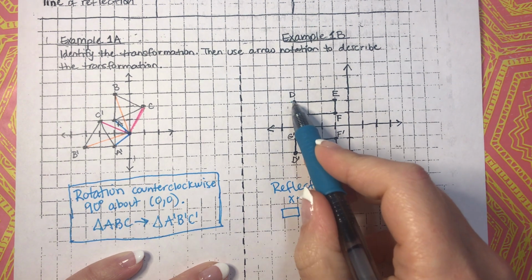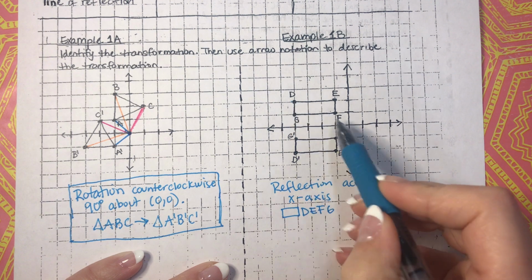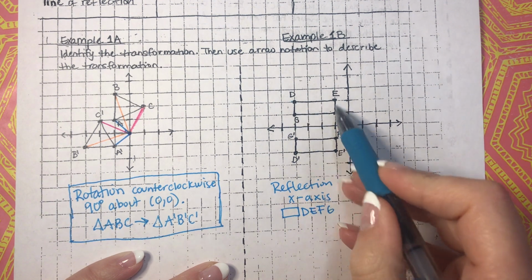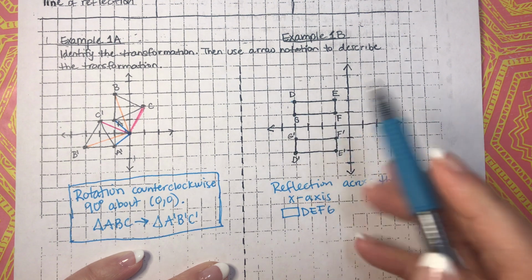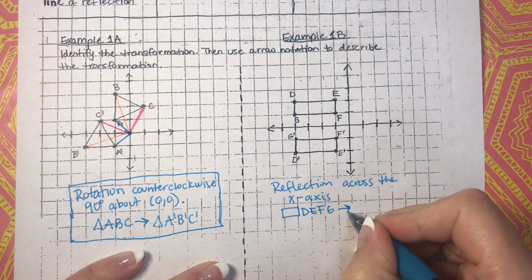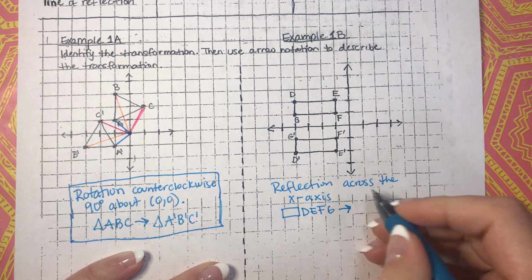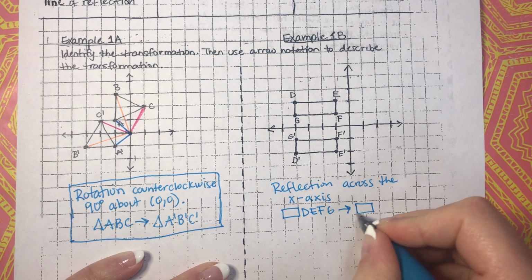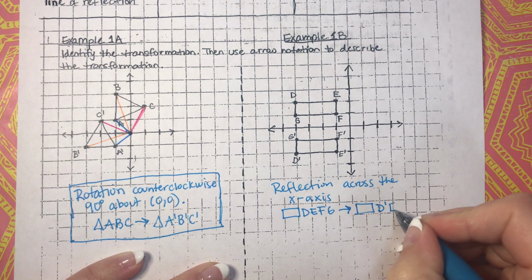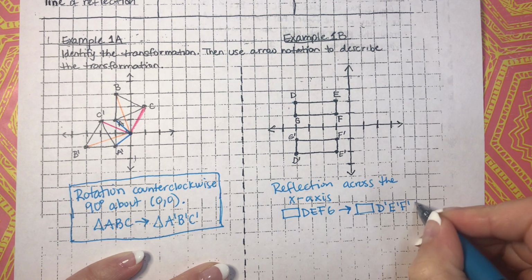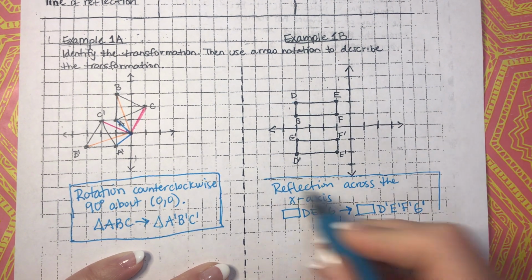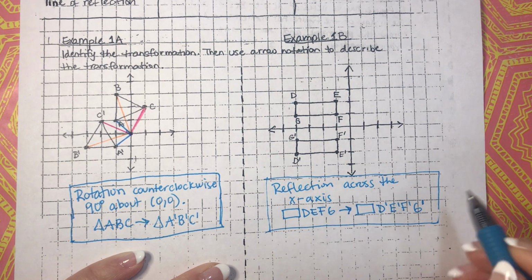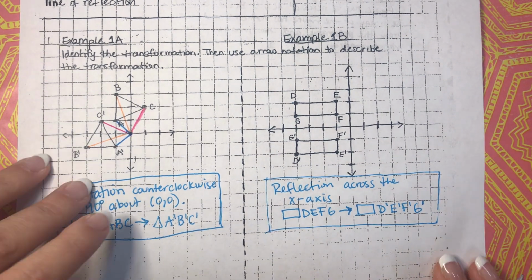You have to go in the order DEFG. You can't just go DFEG. It has to be in the order around the figure. So rectangle DEFG reflects to rectangle D prime, E prime, F prime, and G prime. So that is the answer right there. All right, perfect.